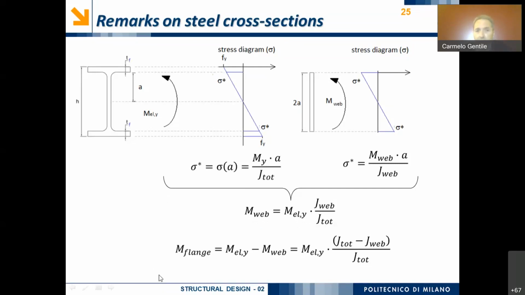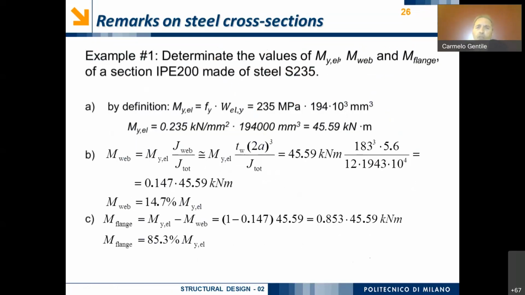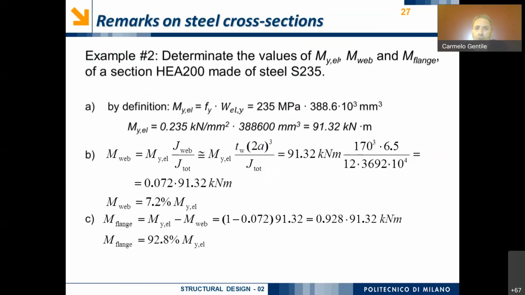And similarly, I can evaluate the bending moment carried by the flange, and in this case, it's equal to MY times the difference between the total value of the inertia moment minus the inertia moment of the web over the overall inertia moment. And for example, I will show you some computation.